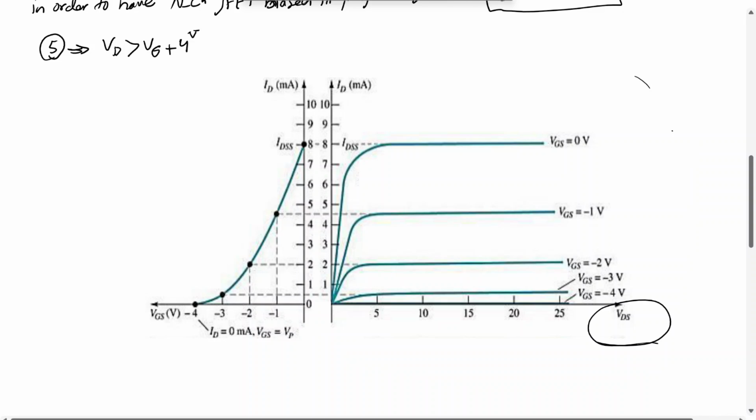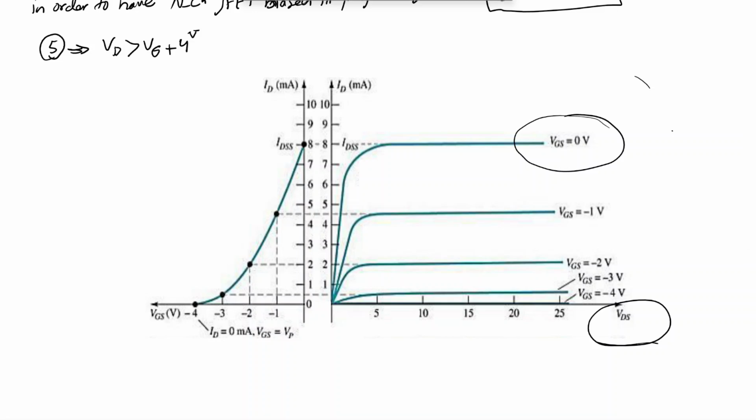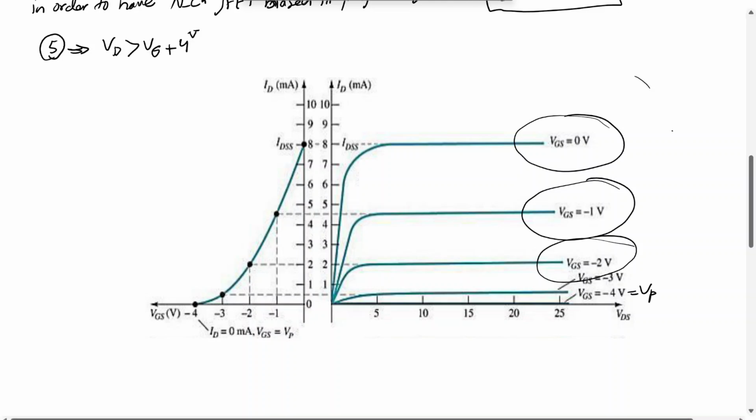We can see, depending on the value of gate source voltage, whether it's 0, -1, -2, and ultimately -4, which is equal to pinch off. If the voltage of gate source for this N-channel JFET is -4, the transistor turns off. There you go. It shows that the current is 0 for this curve.